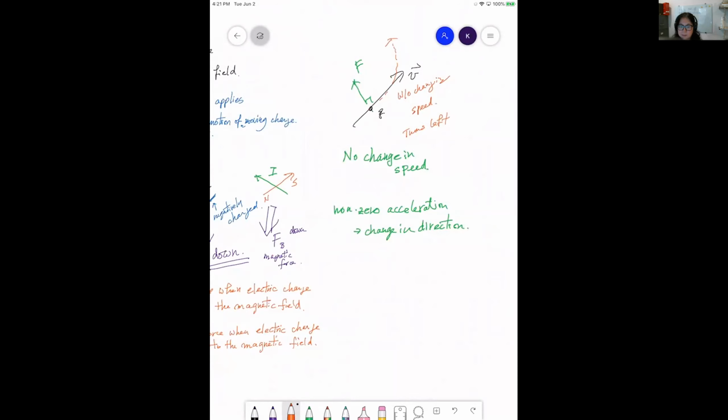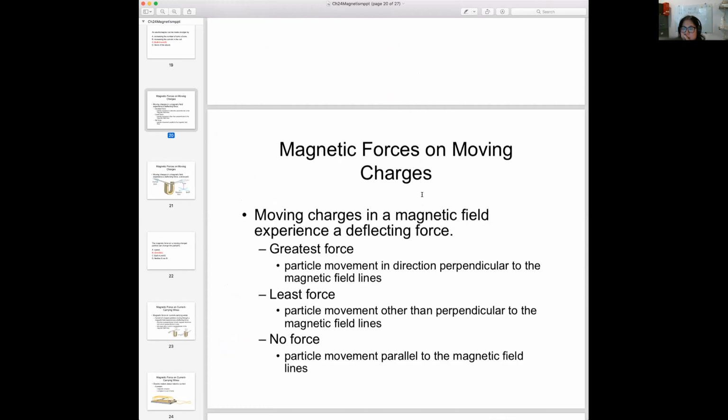Okay, I can share the slide. So this slide is saying the same thing as I just wrote down.